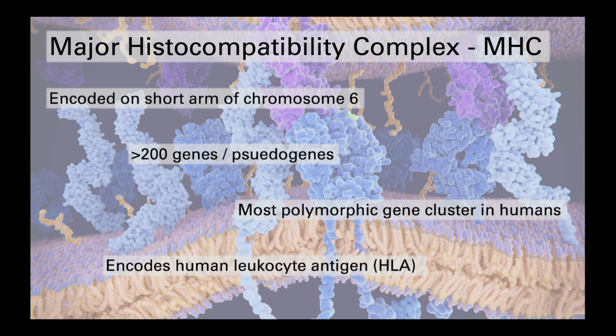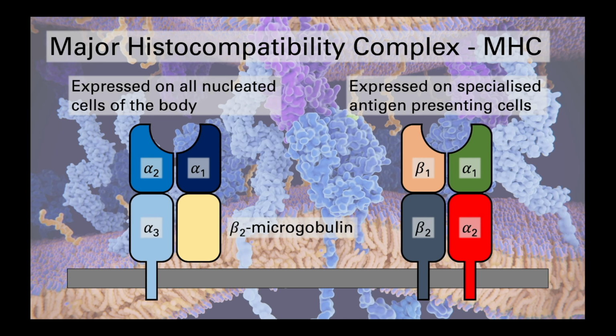It contains millions of base pairs, producing over 200 genes, and it is the most polymorphic gene cluster in the human genome. The genes encode the human leukocyte antigens, or HLAs, which are expressed on the surface of our cells and make up our tissue type. Structurally, the MHCs are similar, but they have some important differences.